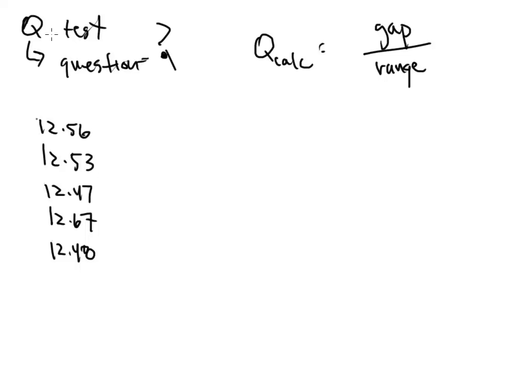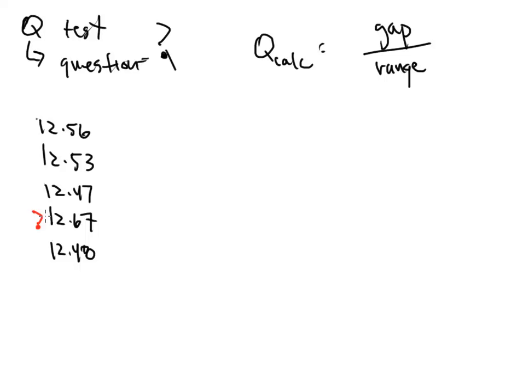All right, so I'm going to put a big question mark beside 12.67. That's the number that we think maybe is a little off ball. That's the number that's questionable, that we would like to kick out because all of my other numbers seem to be close together.